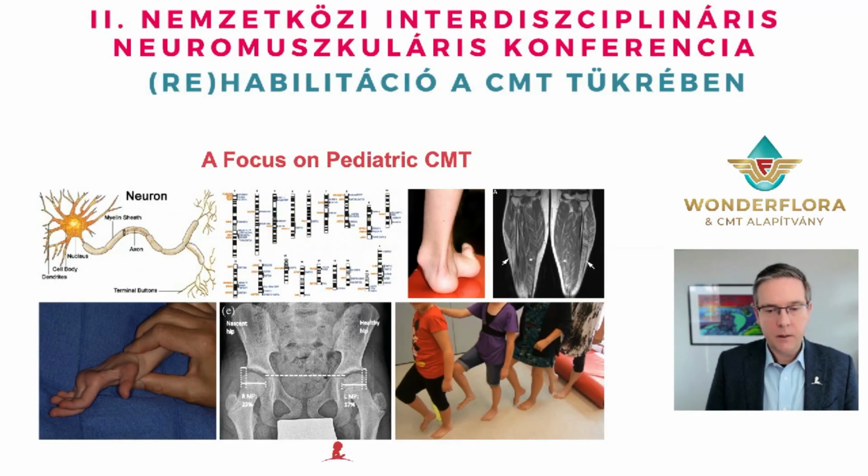Increasingly, we're seeing bony problems around the hips and the spine. So even though it's a peripheral nerve disease, in other words, affects the nerves furthest away from the spine and brain, increasingly we're seeing bone problems near the spine, such as hip dysplasia.